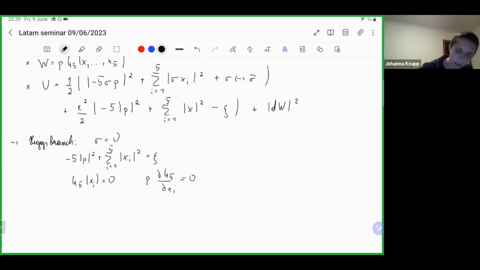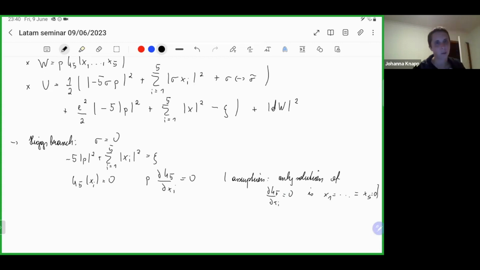And actually, I wasn't quite honest with you. We will make some mild assumption on the genericity of G5. The assumption, and that will actually ensure that our Calabi-Yau is smooth, is that the only solution of dG5 dxi equals 0 is x1 equals all of the x's equals 0.